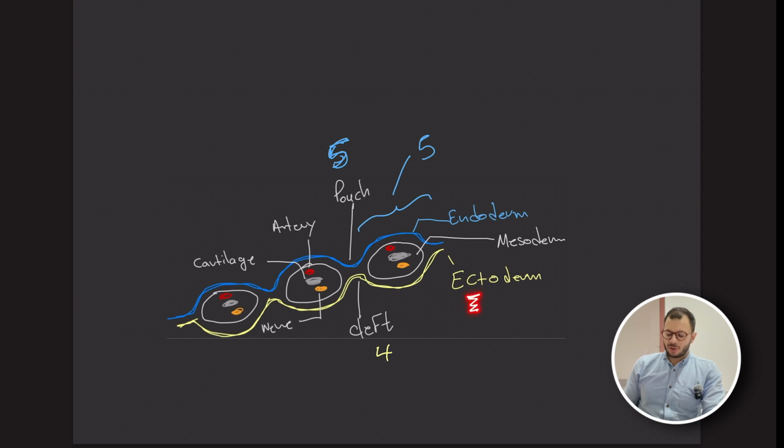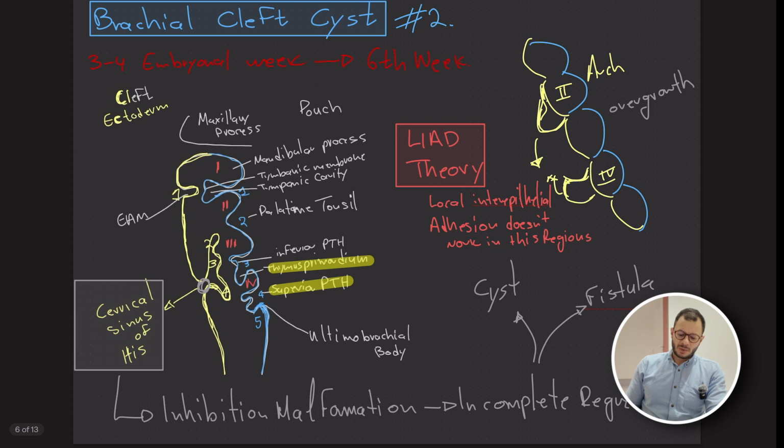In the ectoderm you find clefts. In the endoderm you find the opposite of clefts, which is pouches. And for the mesoderm you have arches. 5, 5, 4.